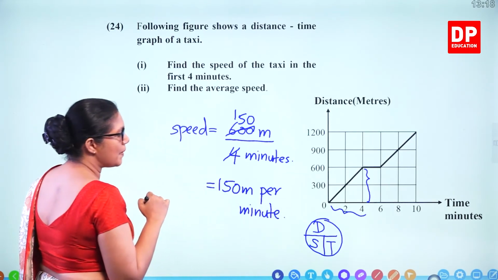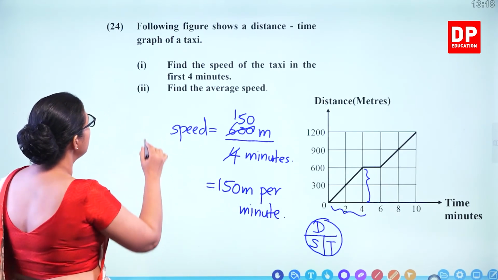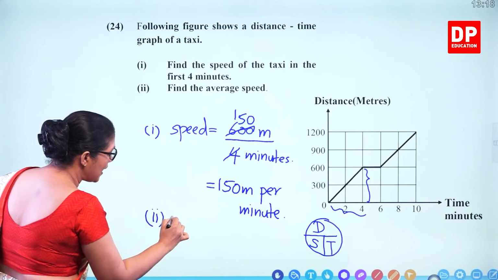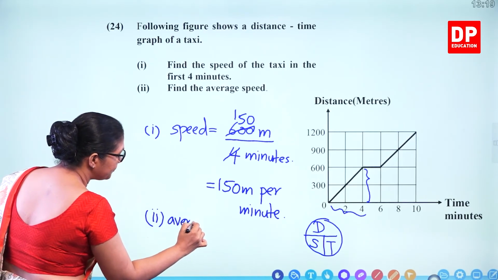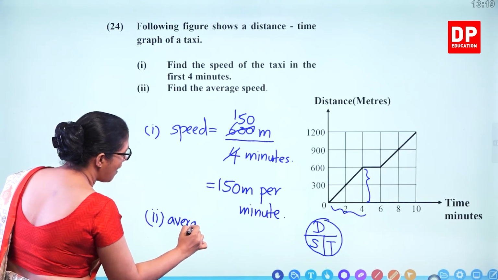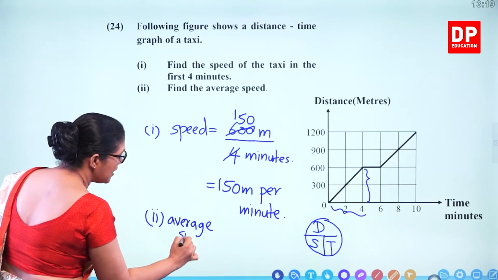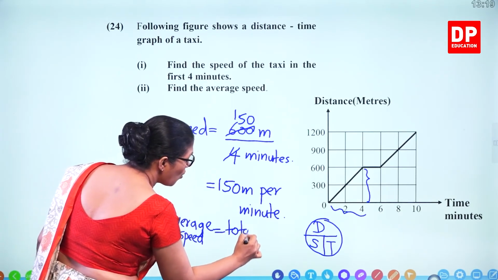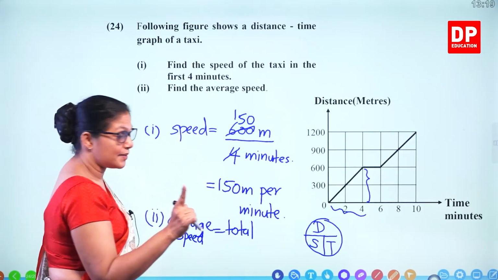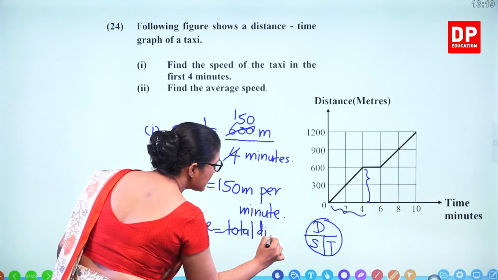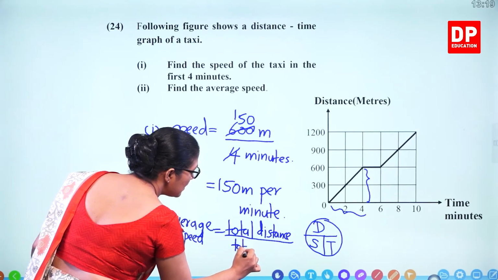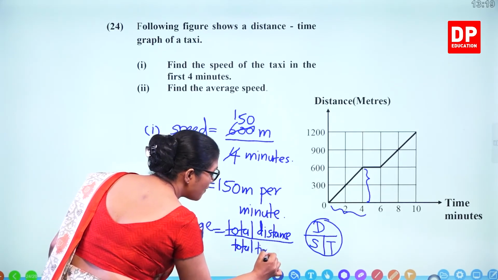That's the speed. Then find the average speed. Average speed is the total distance travelled over the total time travelled.